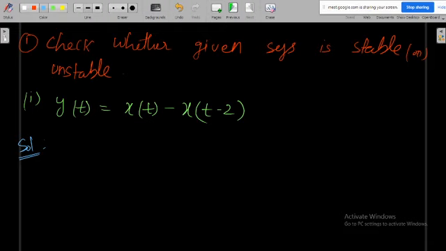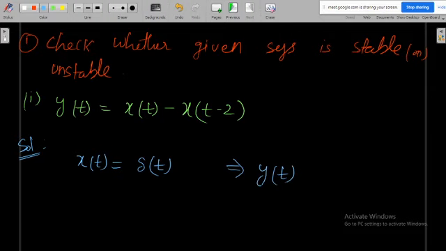First, what is the step? Wherever x of t is there, you have to apply del t. This is denoting some system: when this is the input, you get this output. So this is the system equation. We find the output when we apply x of t as an impulse.